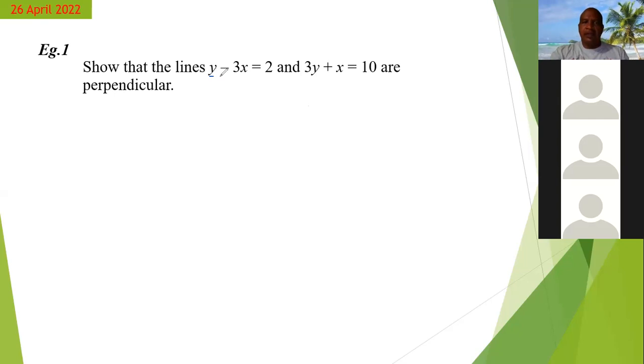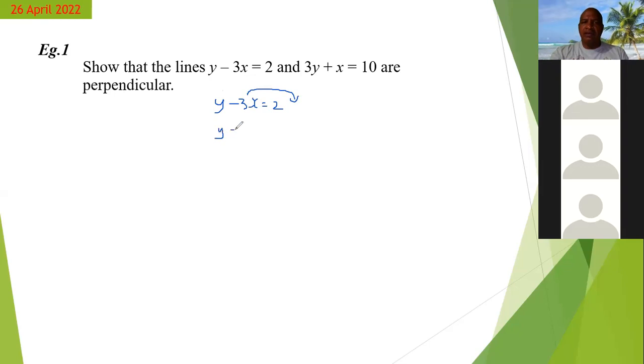So for the first equation, y minus 3x equal to 2, if we are to make y the subject, now to make y the subject, we simply move this negative 3x across the equal sign, so it becomes a positive 3x.